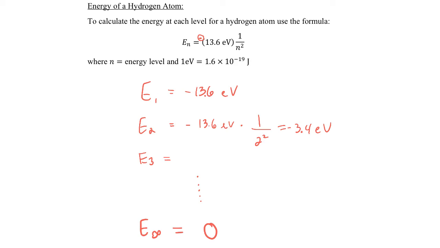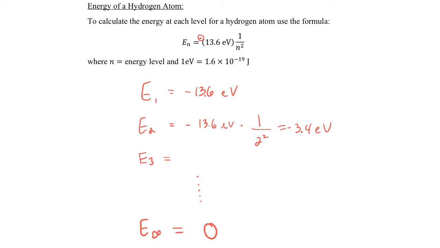If I start at negative 13.6, and I go from E1 to E2, find the difference between these. That'll give us 10.2 electron volts, jumping from here to here. So depending upon where I jump from, I will get to a less negative energy level as the amount of shells gets further and further away from the actual nucleus.